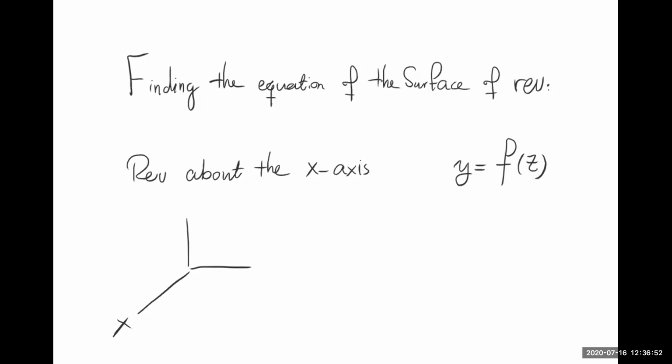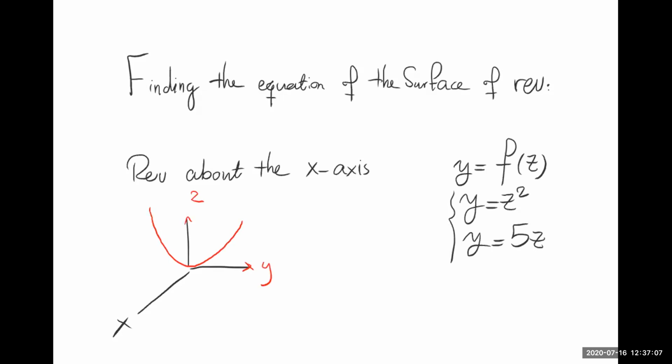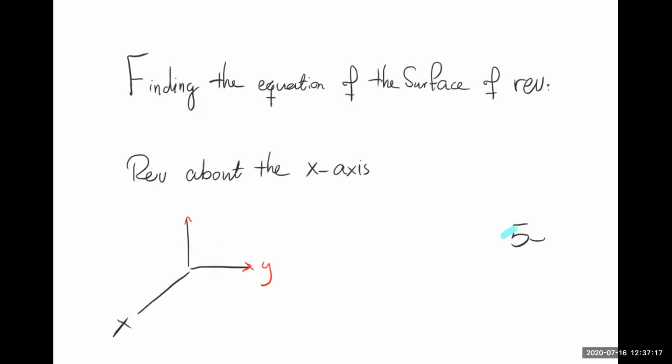This can be, for example, y equals z squared, or y equals 5z, or anything like that. Sorry, I made a mistake here. I should correct: if we are revolving about the x-axis, one of these coordinates should be x.